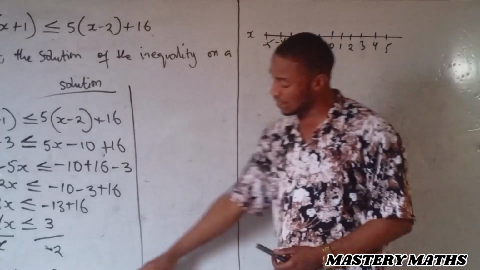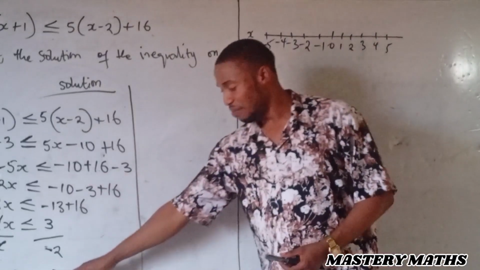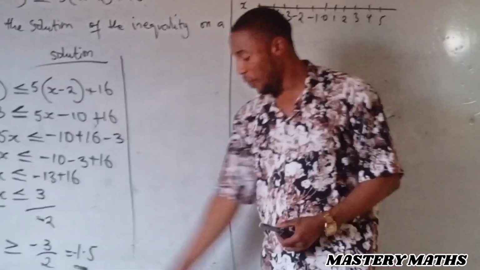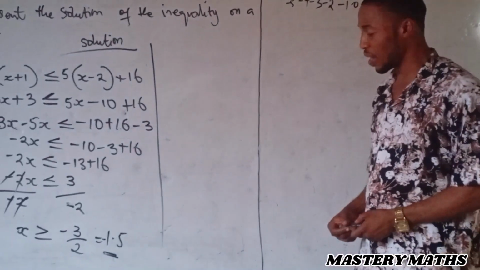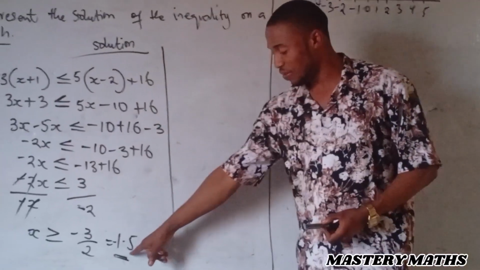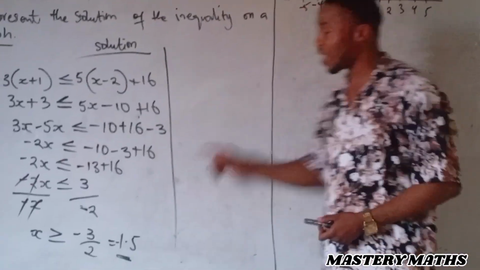Now, how do we present this on the graph? We got -3/2, or you have -1.5. Now, I want to make use of this -1.5. How do I locate -1.5?